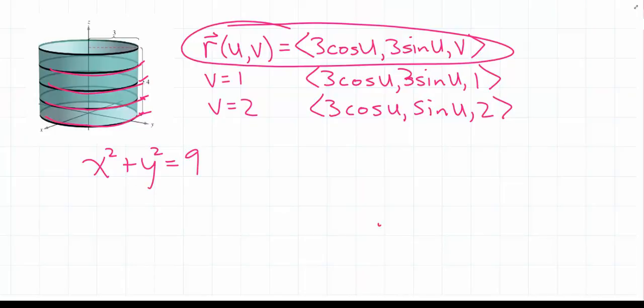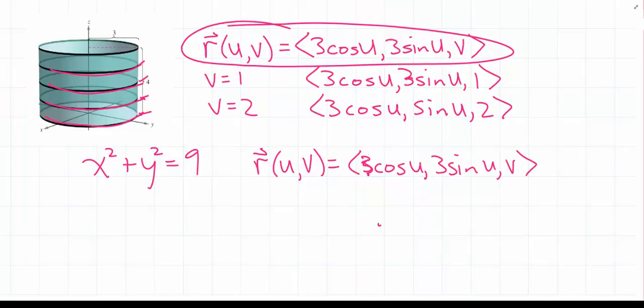So we're going to have r(u, v) = 3 cosine u, 3 sine u, and v, where u goes from 0 to 2 pi, and v goes from 0 to 4 for this particular one. So there we would have a cylinder.